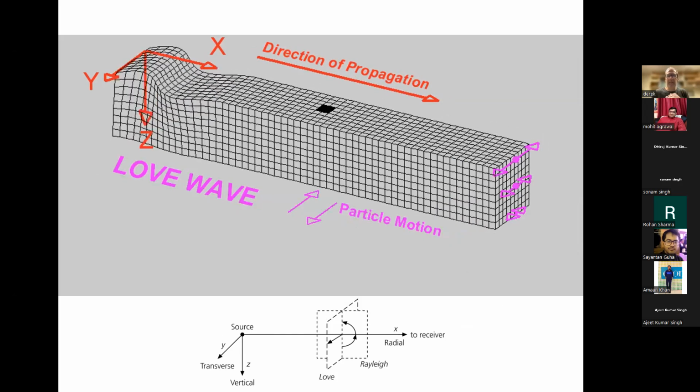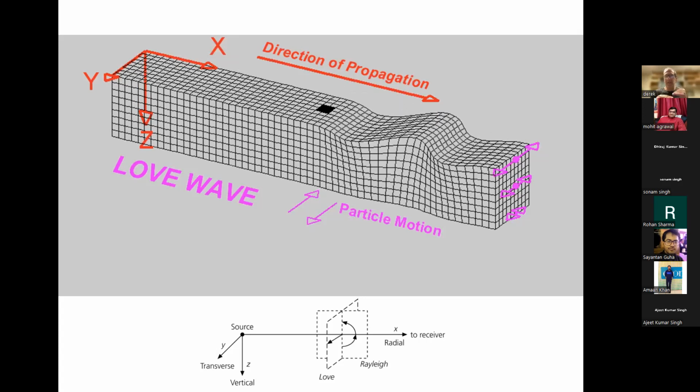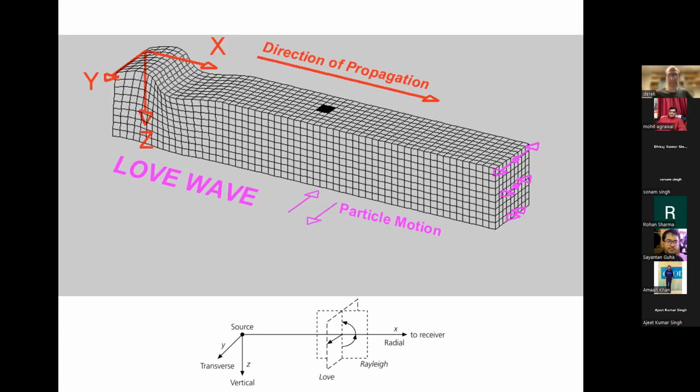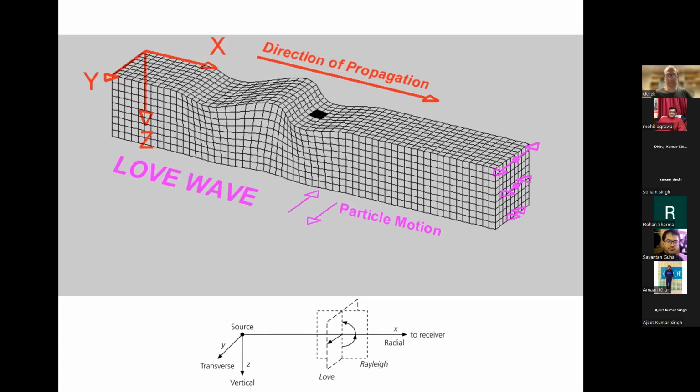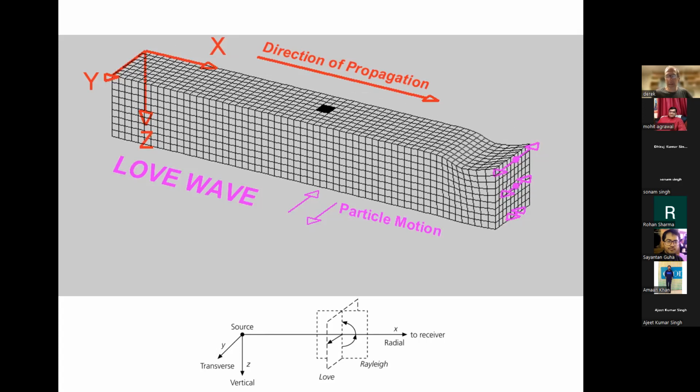A Love wave is side-to-side motion, and it's hard to see, but this animation is just reflecting side-to-side motion. And that is purely SH motion.